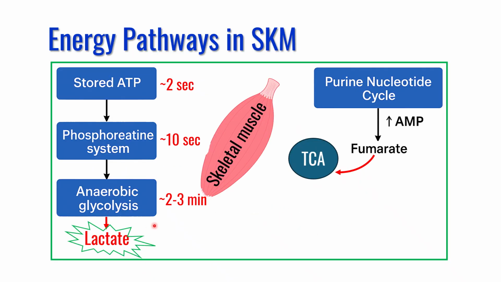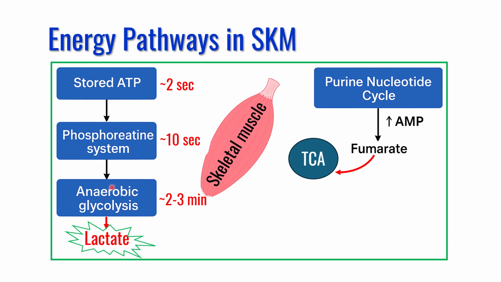Let us examine energy pathways available in skeletal muscle during intense exercise. During intense exercise, skeletal muscle relies on rapid energy sources. First, stored ATP provides energy for 2 seconds. Next, phosphocreatine generates ATP for up to 10 seconds. As exercise continues, anaerobic glycolysis becomes the primary energy source for short-term use, typically lasting up to 2 to 3 minutes, after which aerobic metabolism predominates.